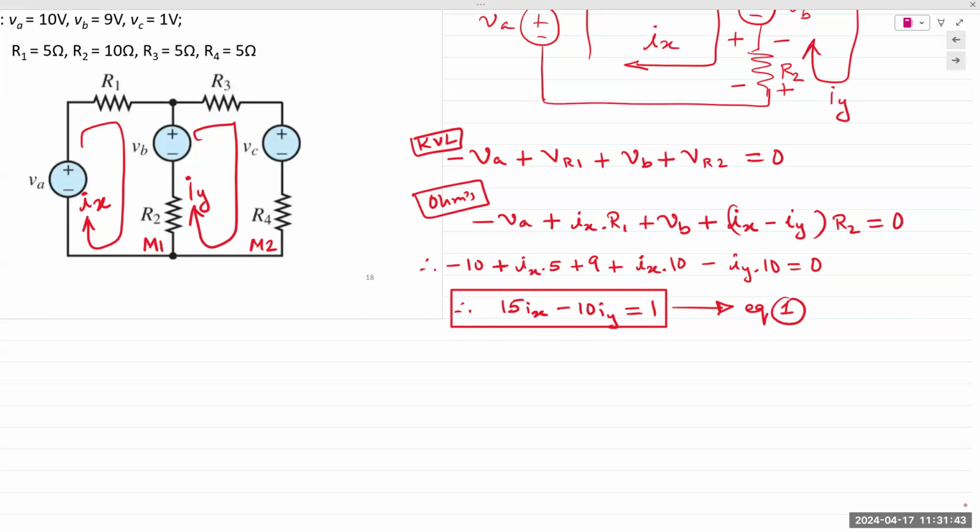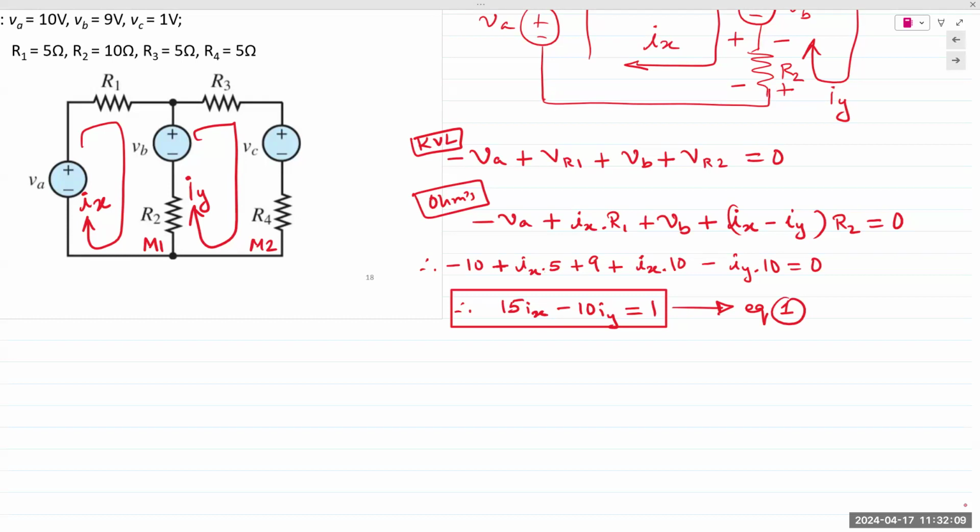Keep in mind that the number of terms you have in your equation should equal the number of resistors the current flows through. What I mean is, Ix flows through R1 and R2.